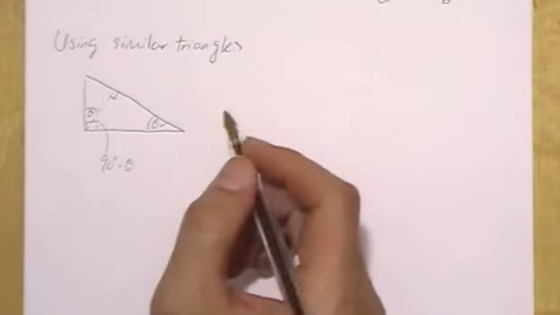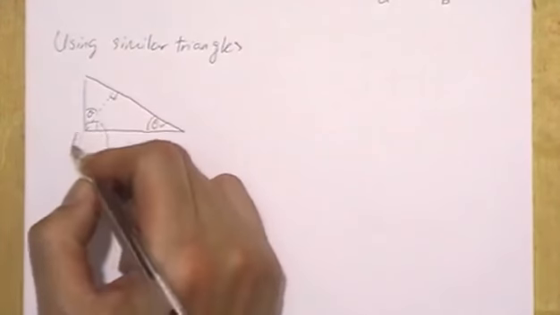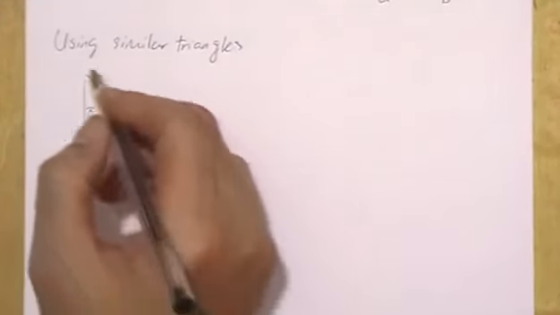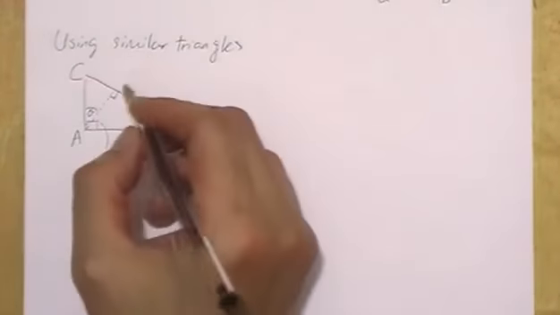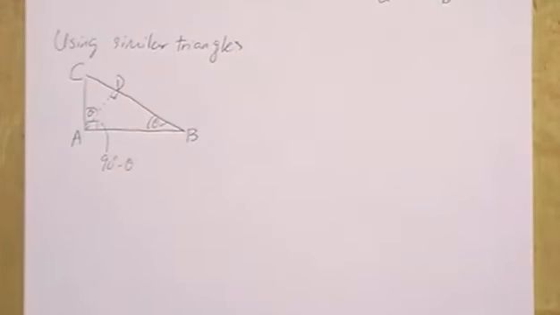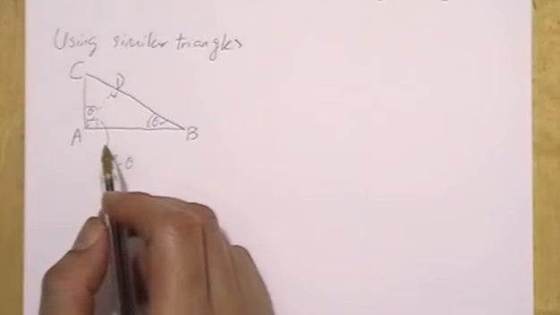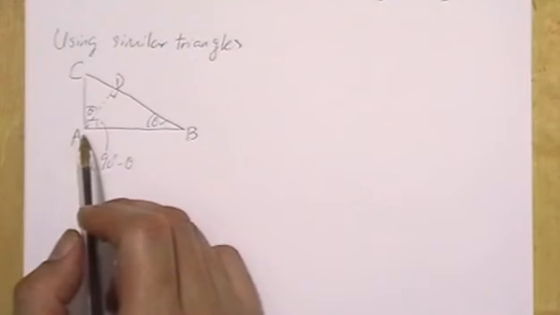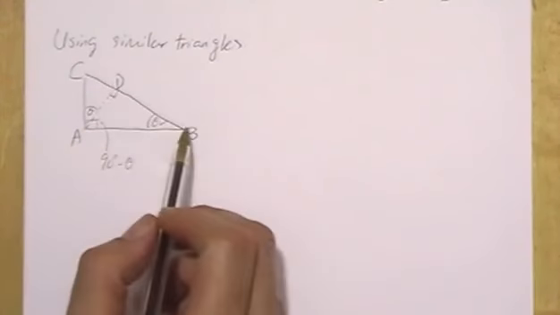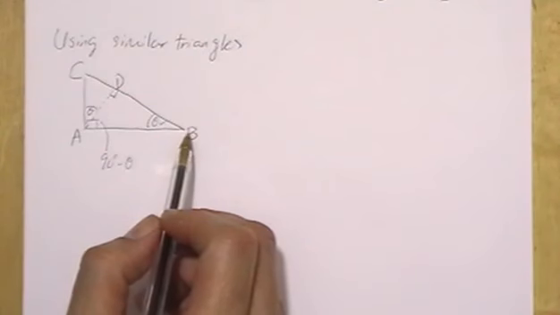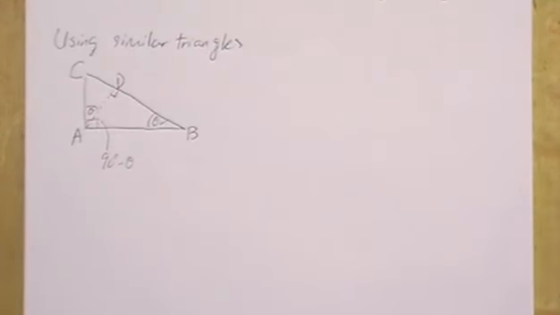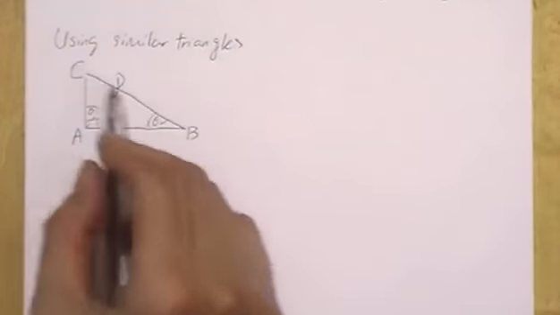So let me label this a bit. I'll call this A, B, C, and I'll call that D. Now, consider the ratio of these two sides. AB over BC.